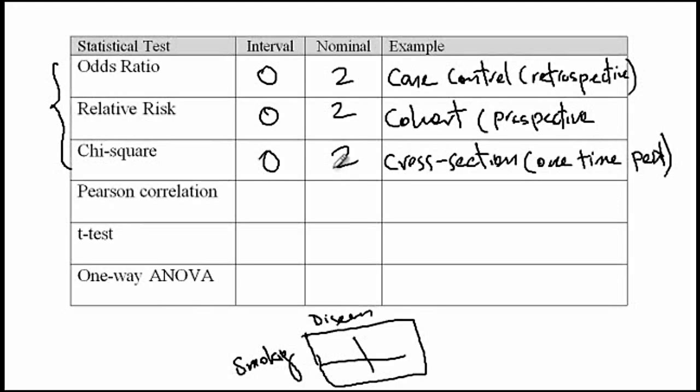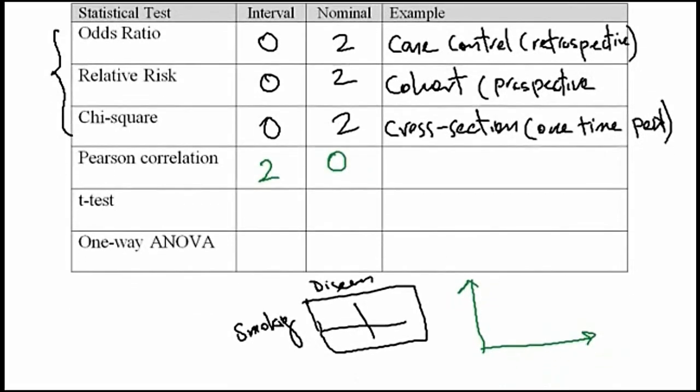Now for Pearson correlation, there are actually two intervals and no nominal. For instance, let's say we want to compare the relationship between weight and blood pressure. So one axis would have the weight and the other axis would have the blood pressure, and find out how by increasing weight there would be increased blood pressure.